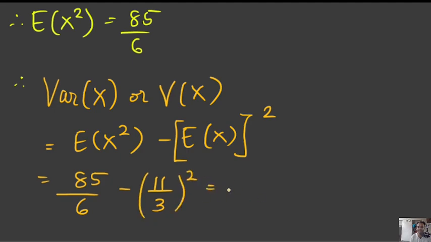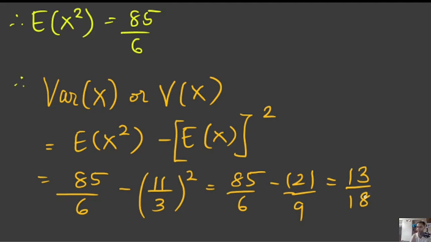On simplifying this, you will have 85/6 minus 121/9. Let us calculate this, and the value you will get is going to be 13/18. So 13/18 is the variance of X for this question. This is the answer for the variance of X.